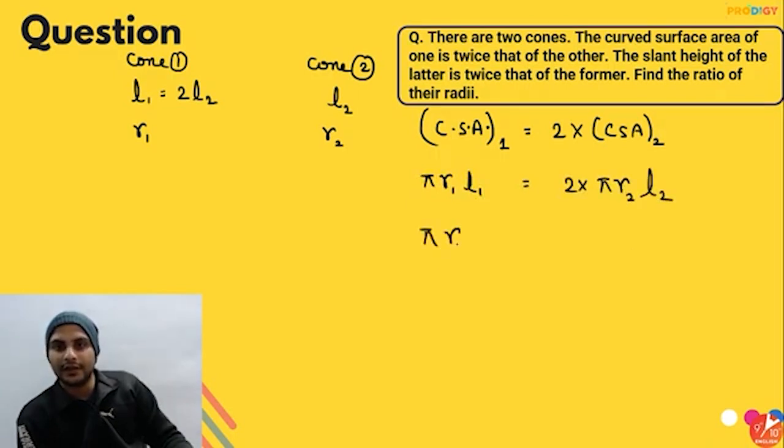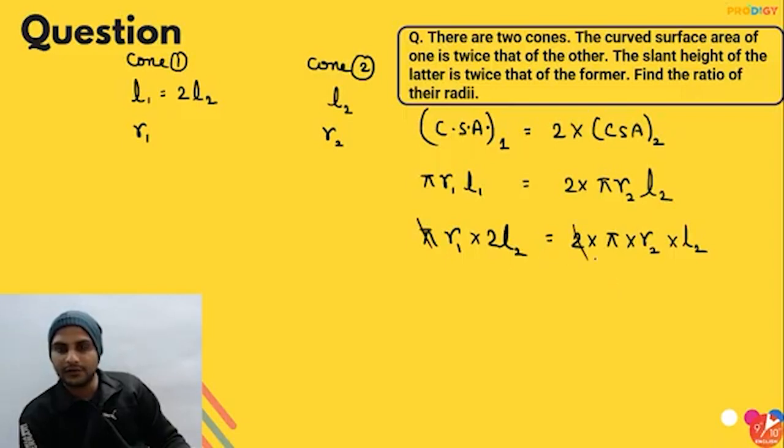I can say pi into R1, L1 can be written as twice of L2, and here we have 2 times pi into R2 into L2. So pi got cancelled, 2 got cancelled, L2 got cancelled, R1 by R2 we are getting is equal to 1:1.